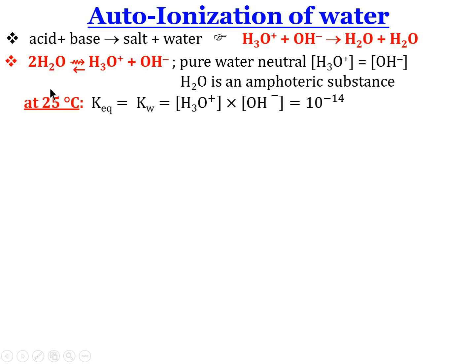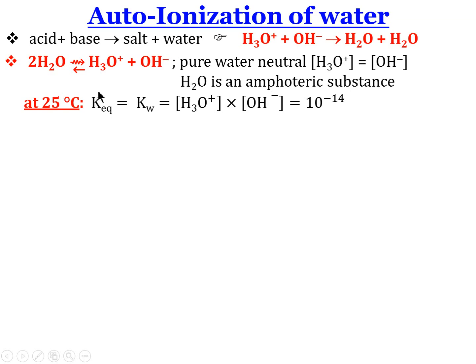At 25 degrees, the equilibrium constant for this reaction is equal to the activity of the products divided by the activity of the reactants, and we use concentration in our curriculum. So K at equilibrium is equal to the concentration of H3O plus times the concentration of OH minus, and is found to be equal to 10 minus 14 at 25 degrees.